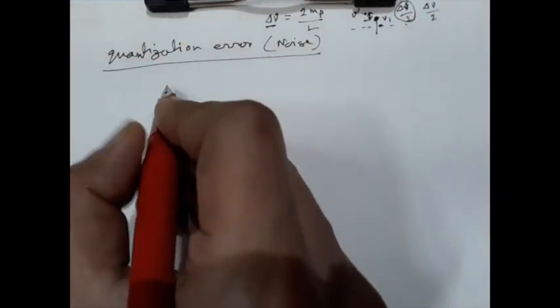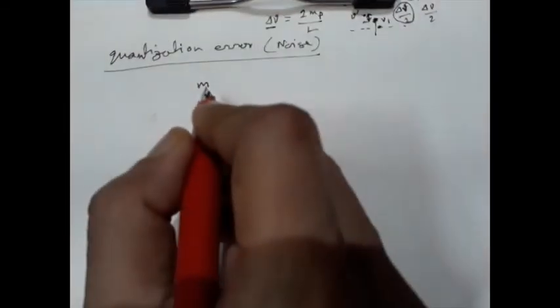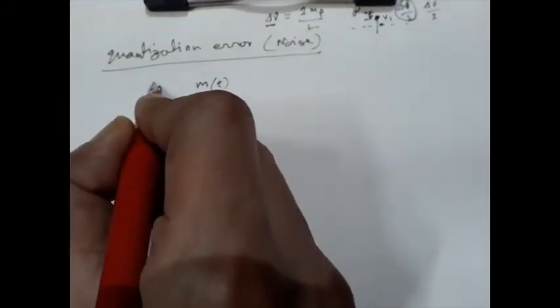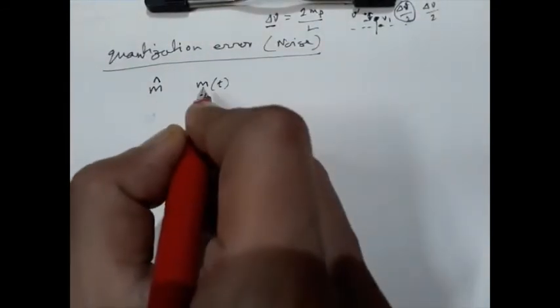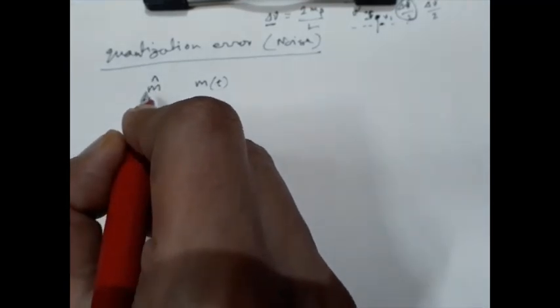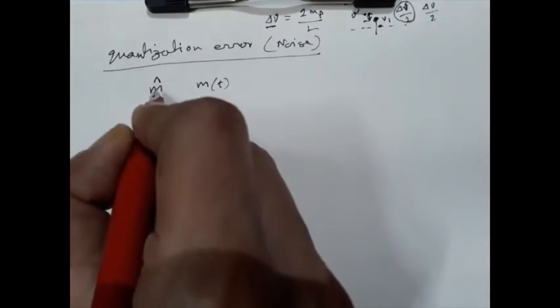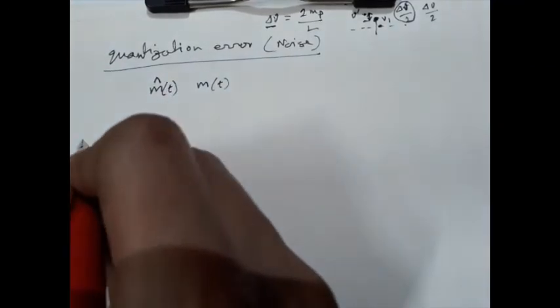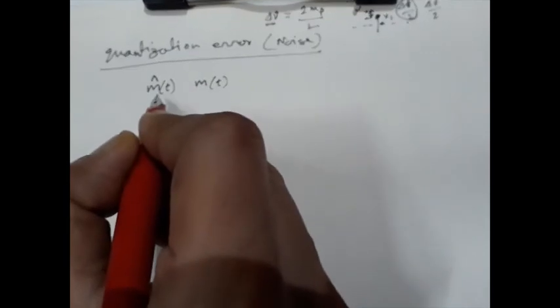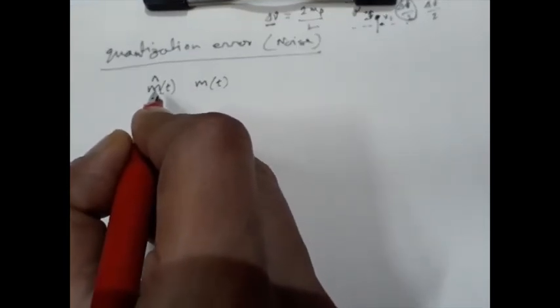Suppose M of t is the original message signal. What we do, we take the samples of M, then quantize it, and then recover it back to the analog signal. That message signal becomes M cap t. So M of t was the original message, and M cap t is the message recovered from its quantized samples.